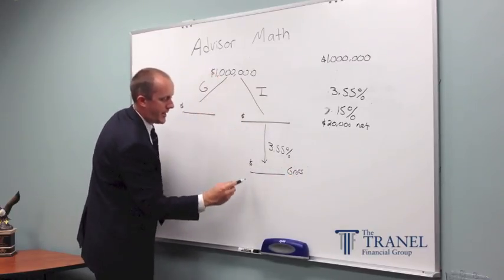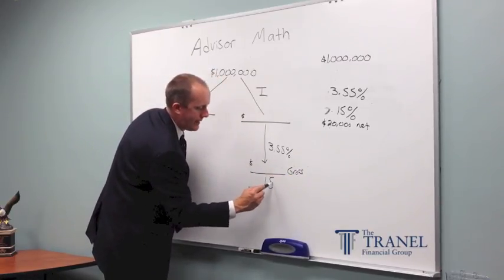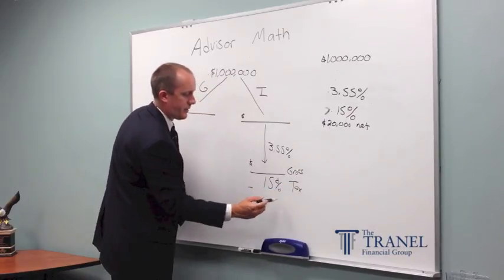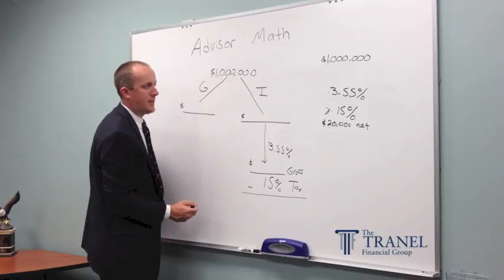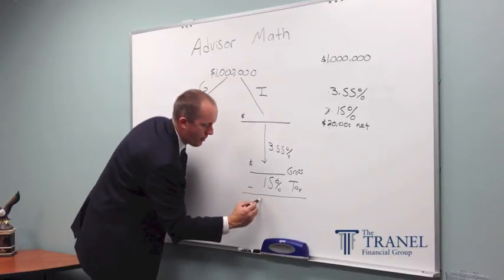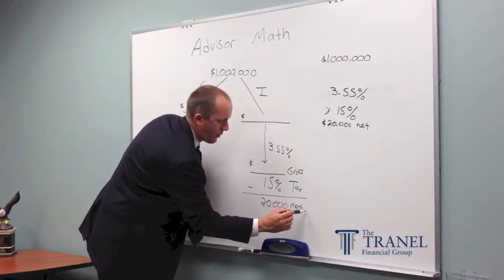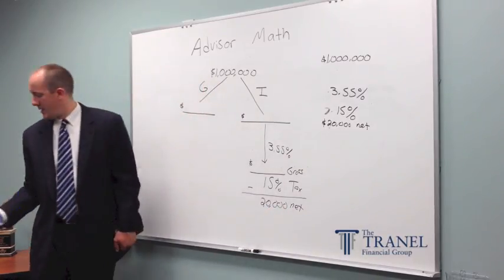After they gross money, we need to withhold minus 15% in taxes. And when that's all said and done, we need that number to equal $20,000 per year net.